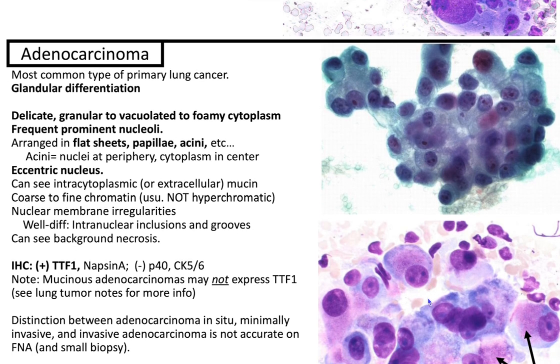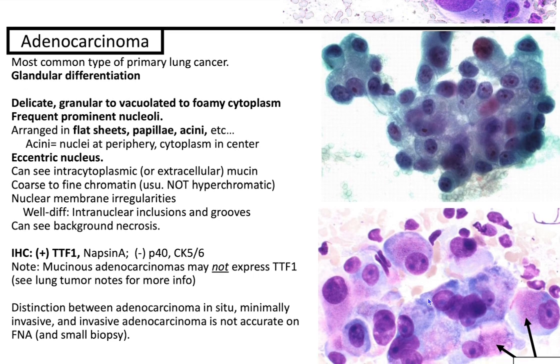Adenocarcinoma is the most common type of primary lung cancer, and they have this glandular differentiation. Cytologically, you'll see delicate, granular to vacuolated to foamy cytoplasm. They'll have frequent prominent nucleoli, and architecturally can be arranged in flat sheets, papillae, acini, and acini is nuclei at the periphery and cytoplasm in the center.